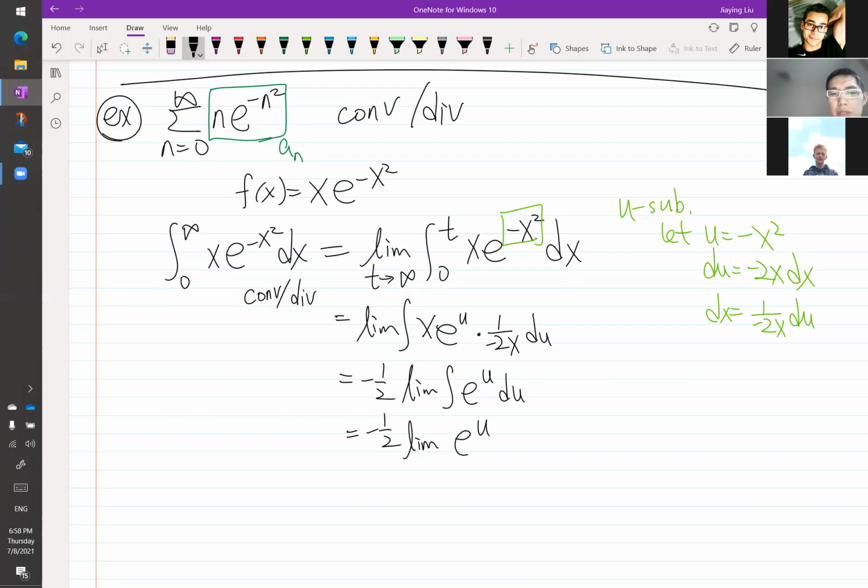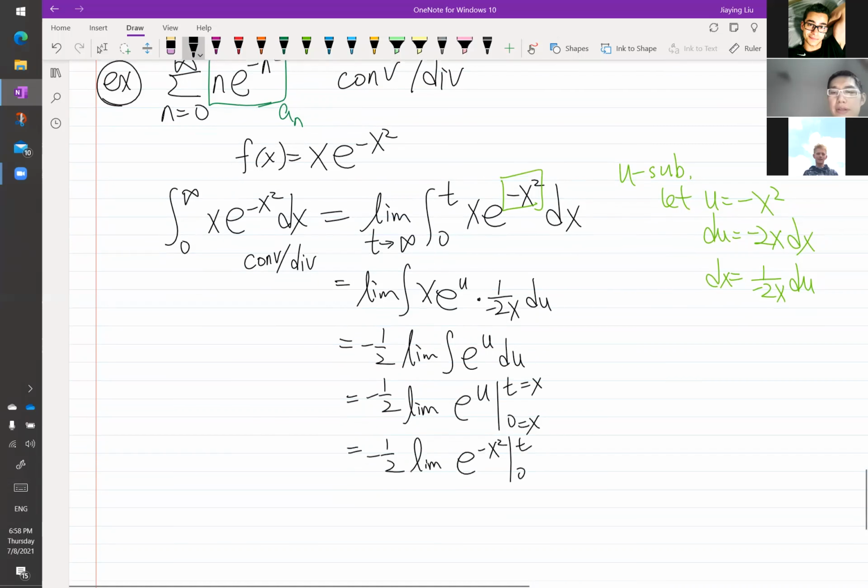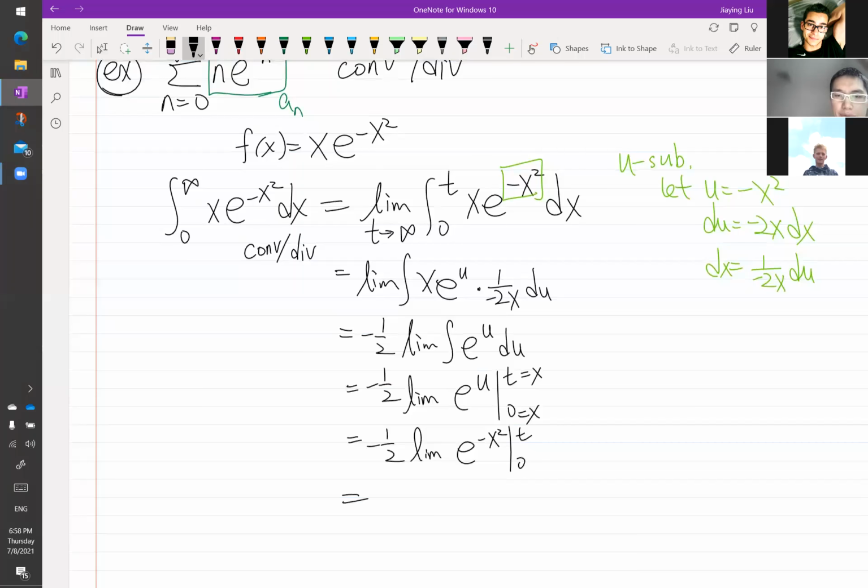So that's e to the u, and evaluate it from 0 to t. Those are x values. So I'm going to replace the u. So the limit of e to the u, which is e to the negative x squared, evaluated from 0 to t. Now I can plug in those boundary values.